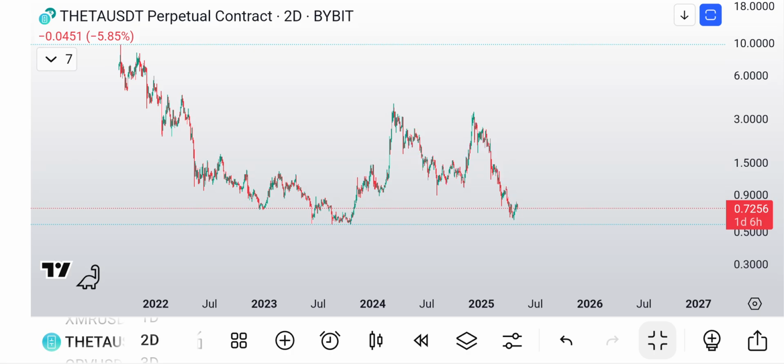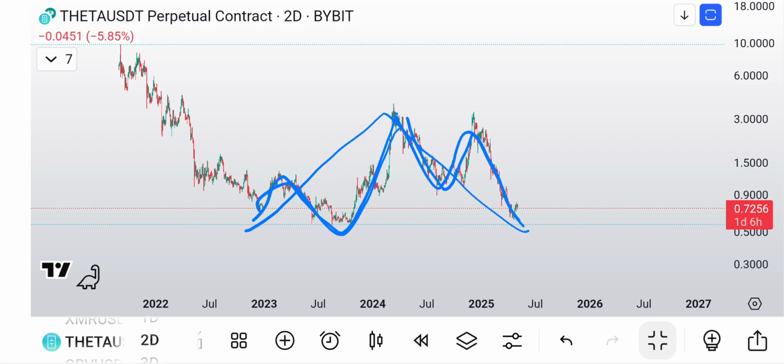And then you can see we have 3 waves up and 3 waves down, and they're both the same size, basically. They're in the same degree, in the same ballpark. So if that's the case, what comes next? Statistically speaking, you usually get 3 up or 5 up.